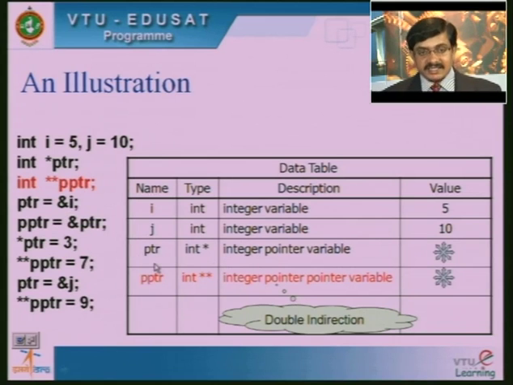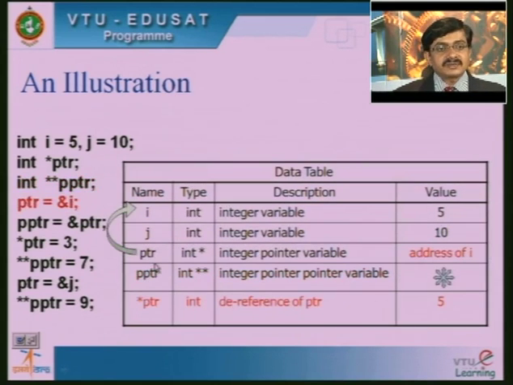Now, the next statement is ptr is equal to ampersand of i. Here I am assigning the address of i to the ptr variable. Earlier, ptr was not assigned any address. Now, after this statement, ptr is equal to ampersand of i, ptr will get the address of i.